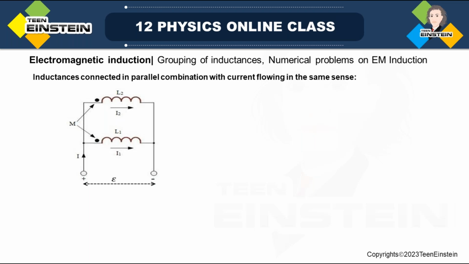One is shown here. The inductor coils are connected in such a way that the current in both is flowing in the same direction, as you see in the figure. This current is flowing in the rightwards direction, and this also is flowing in the rightwards direction.